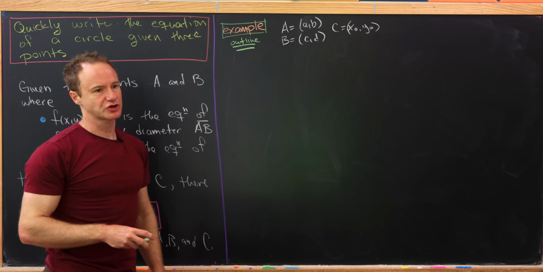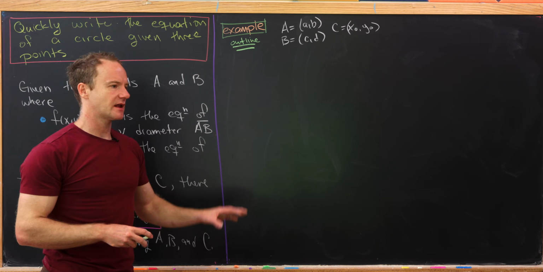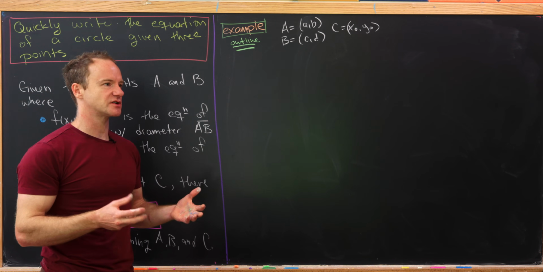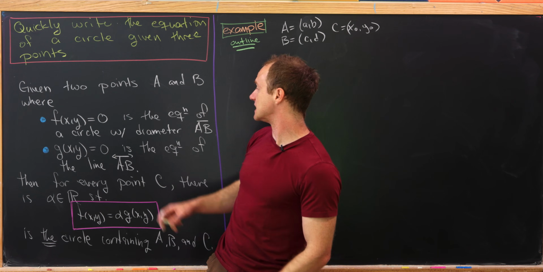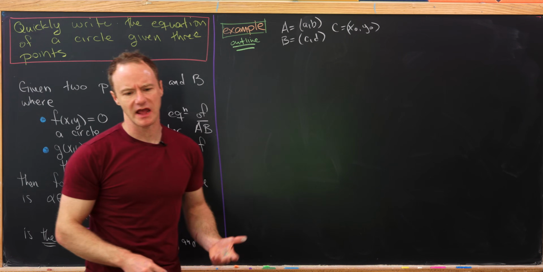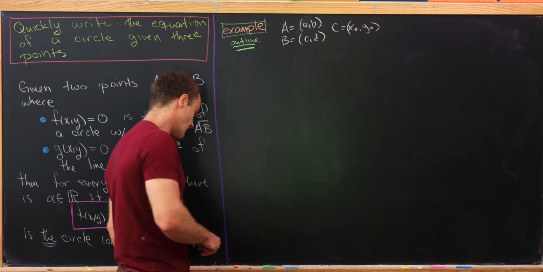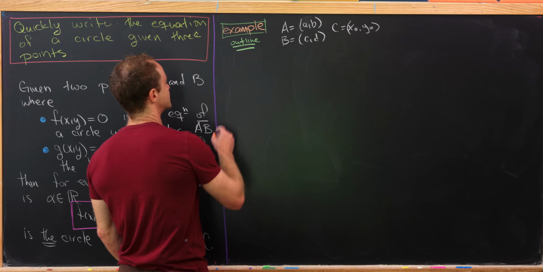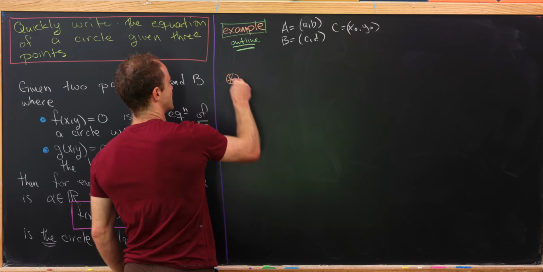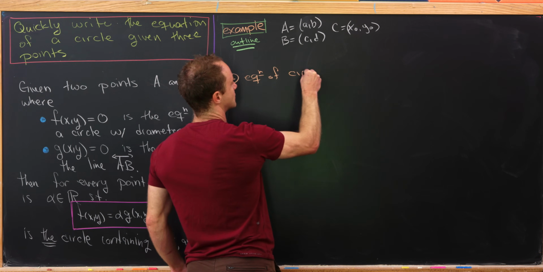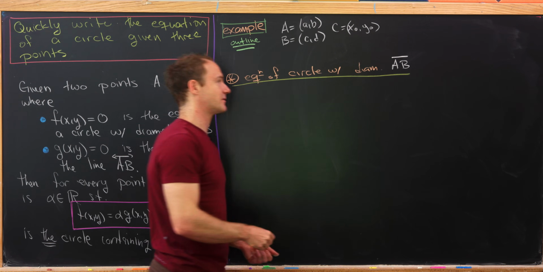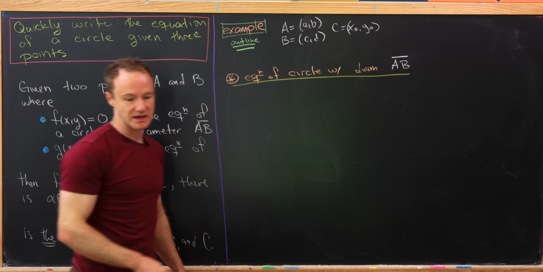So we've got arbitrary points here. And I think it's nice to look at this because there are some nice tricks to write down, for instance, the equation of a circle with the diameter AB and so on and so forth. Okay, so let's see those nice tricks. So let's maybe put star here, and here we're doing the equation of a circle with diameter line segment AB.